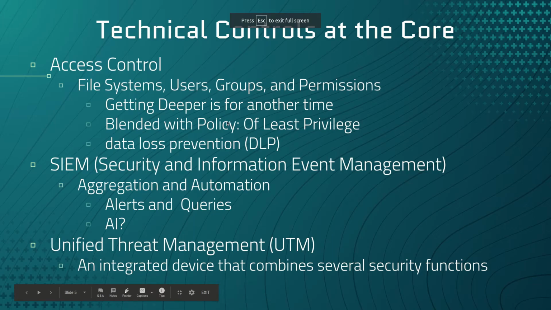Access control, again, we have file systems, users, groups, and permissions. Getting deeper, that was networks too, really. We got into file permissions and access control. But again, using our file systems, our groups, our users, and the permissions built into NTFS if it's NT, or ext4 using the UGO, user group other.